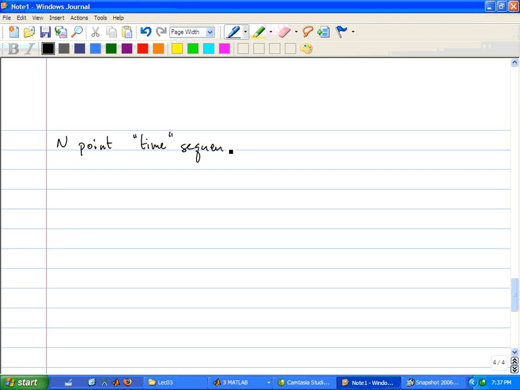And then an m-point transformed sequence. The book says that the essential relationship is that m has to be greater than or equal to n.